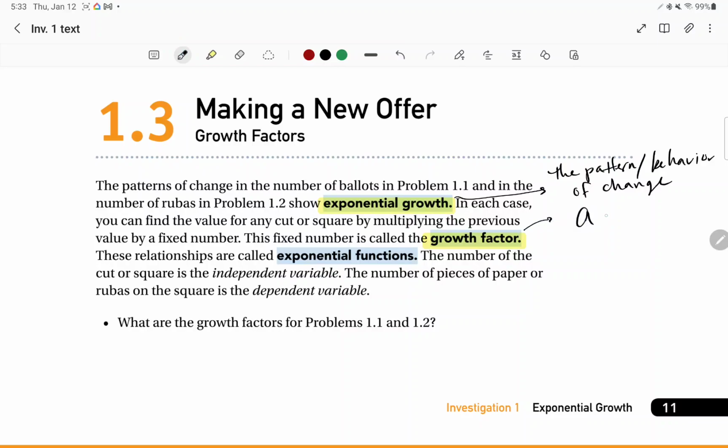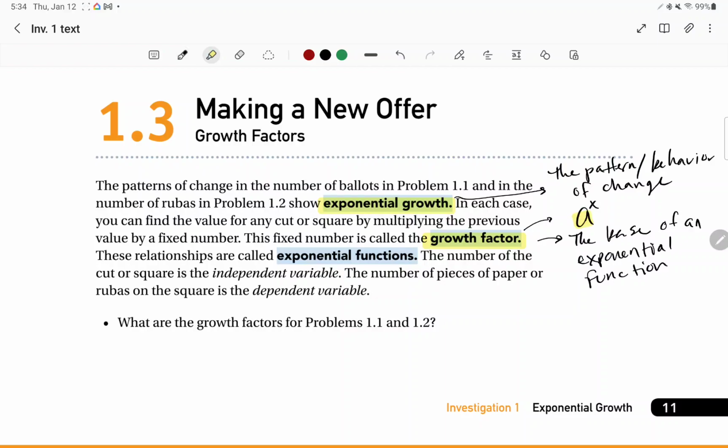So it would be a to the x power, or it can look like this, a times r to the x power. But either way, it's going to be that value, which is the base. So let's just keep it like this. So the growth factor is the base of an exponential function, which would be this portion right there.